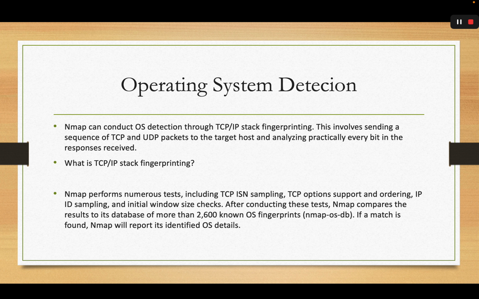After doing all these tests, Nmap will compare the result to its database of more than 2,600 known OS fingerprints. If a match is found, Nmap will report its identified OS.